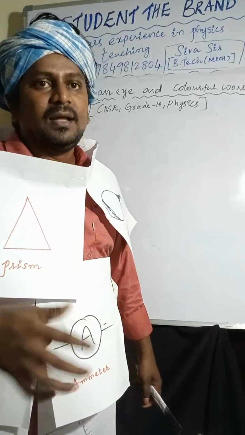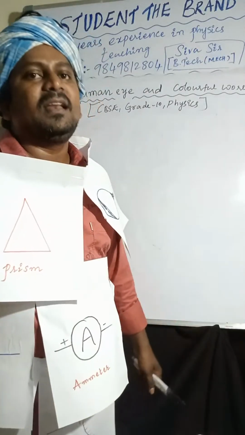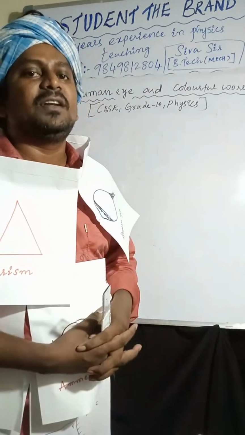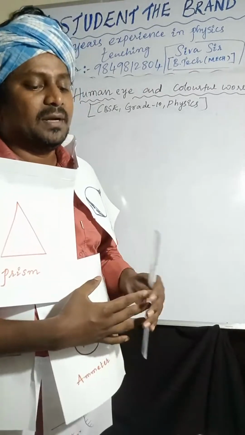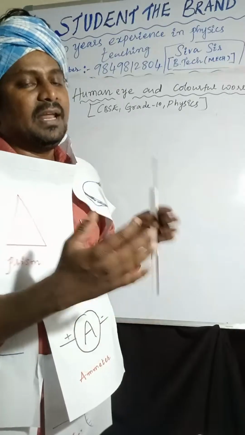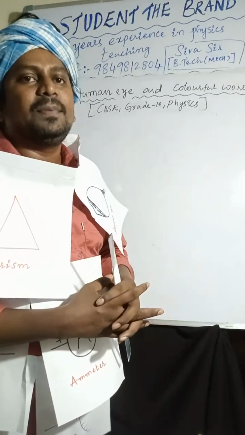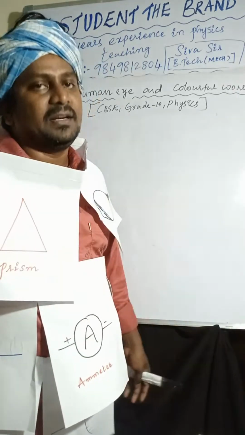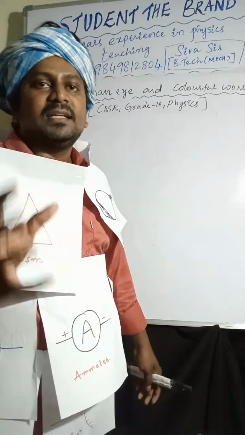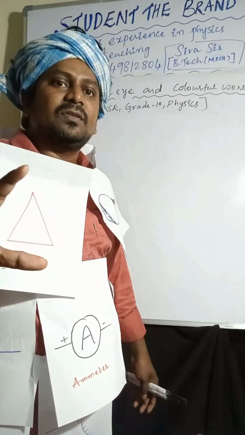Myopia and similar conditions are refractive defects. What are refractive defects? When light falls on the lens, the light rays should refract. Only when the light rays refract properly will the image form.